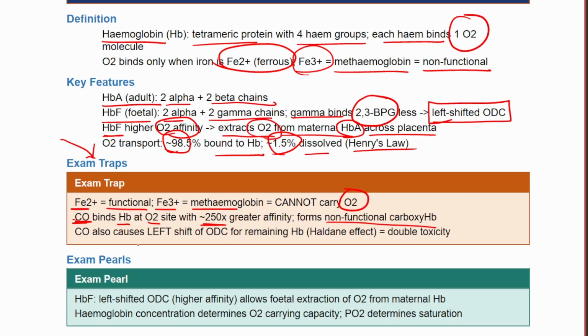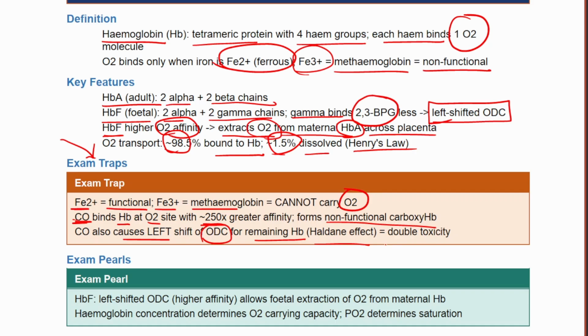For the exam, memorize the double toxicity mechanism of carbon monoxide. It blocks binding seats and simultaneously causes a severe left shift of the oxygen dissociation curve for any remaining hemoglobin sites, completely halting tissue delivery, which is known as the Haldane effect.